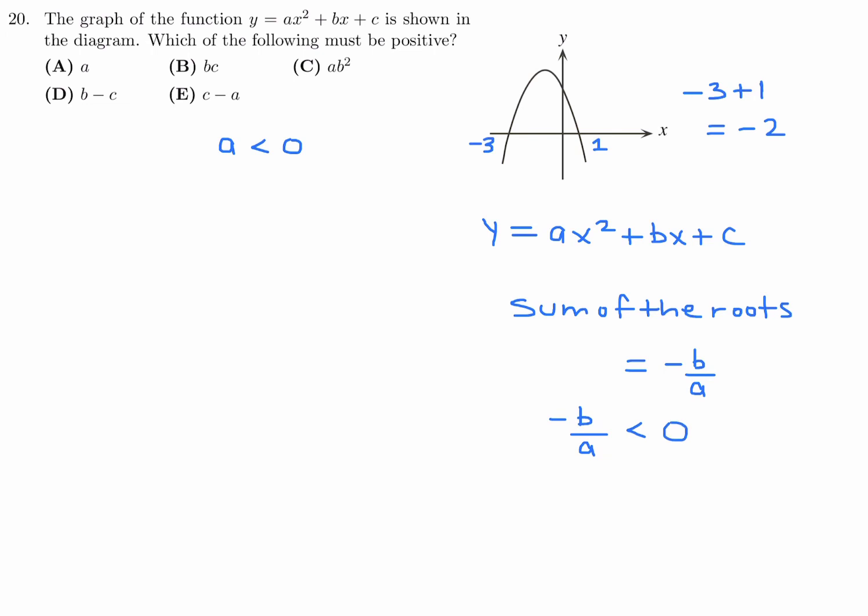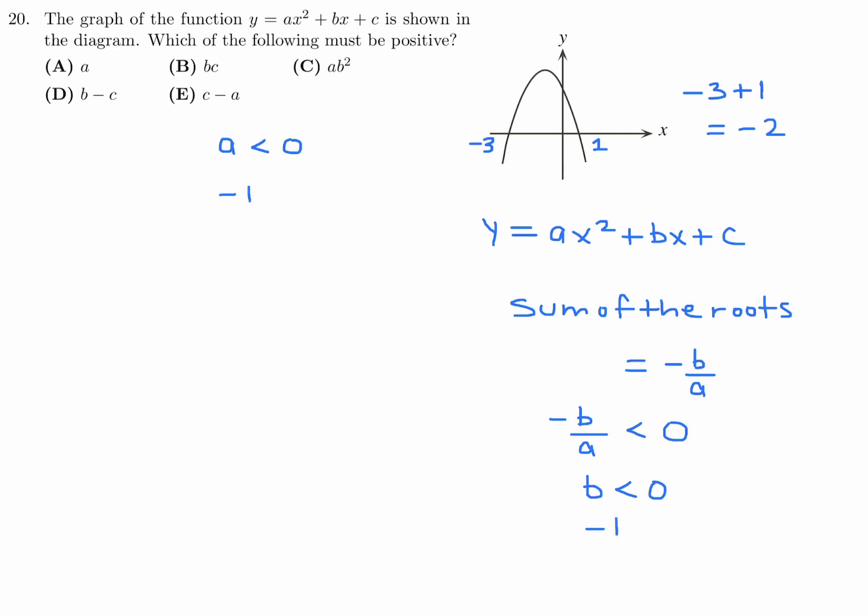It's less than 0. Now, we just established that a is less than 0. So how do we get this to be less than 0? The only way is if b is also less than 0. Correct? Let me give you some examples. Let's say a is negative 1.